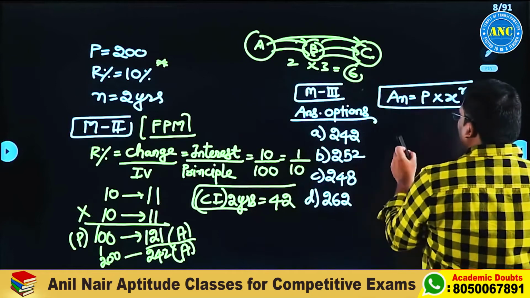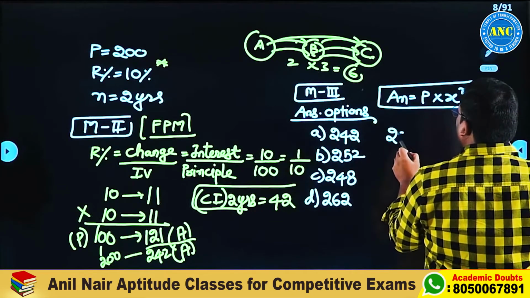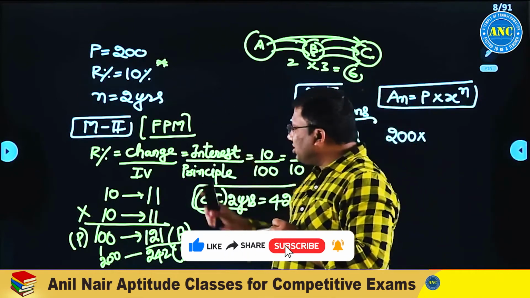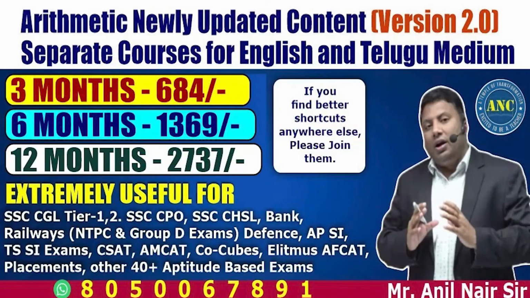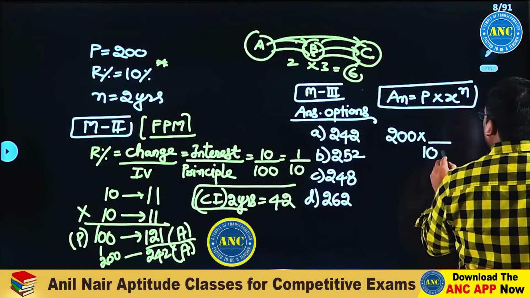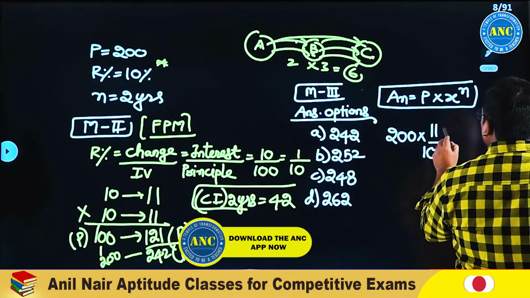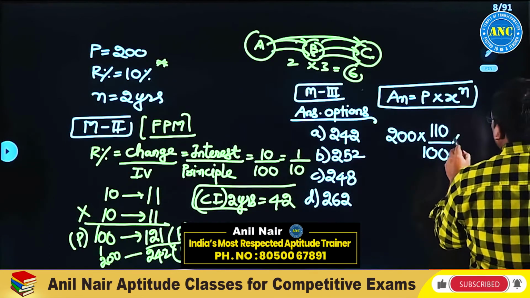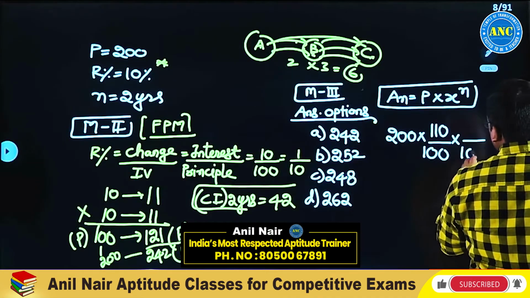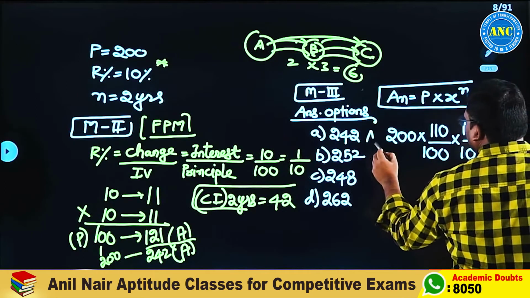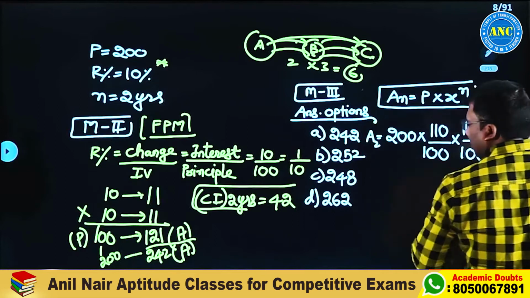P is 200. Initial value it is 200. R is 10%. On 100, 10 increase. Final value is 110. This is for first year. On 100, 10 increase, final value is 110. This is the amount after 2 years.